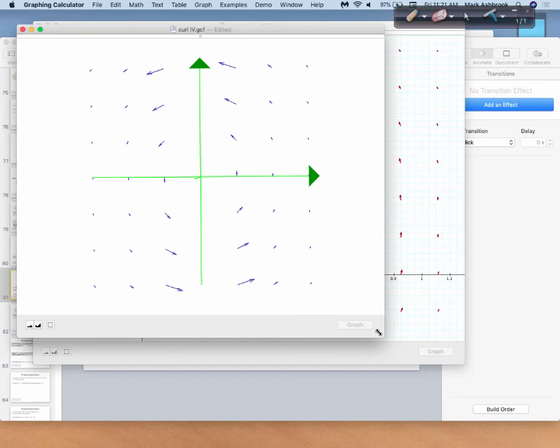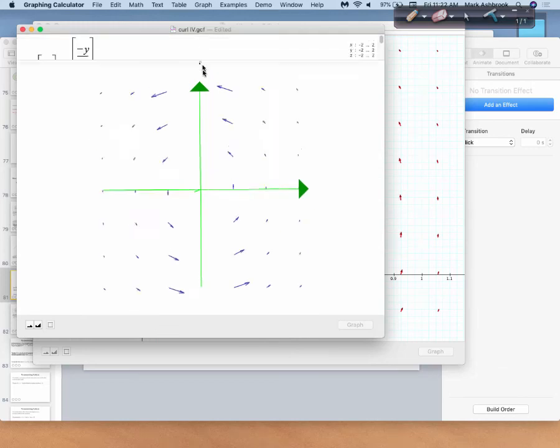Positive, negative? What's the right answer? We don't know, right? By just looking at a whirlpool that's turning counterclockwise, we don't know. So let's go ahead and do the math.